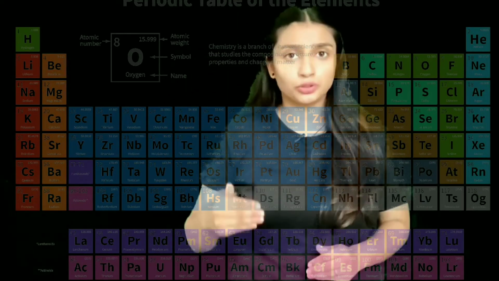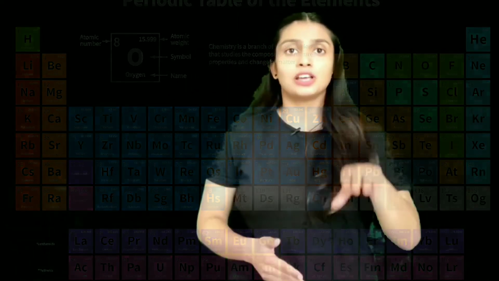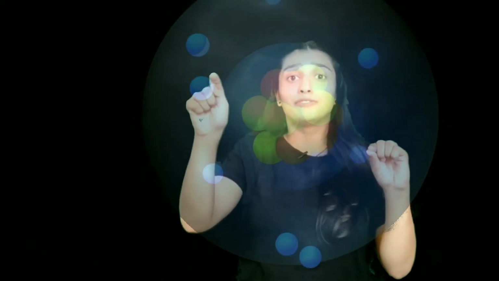As we move down the group, the atomic number increases, so the number of shells increases. So the distance between the nucleus and the outermost shell increases. So just imagine the force of attraction between the nucleus and the first shell will be more powerful as compared to the force of attraction between the nucleus and the last subshell or shell.